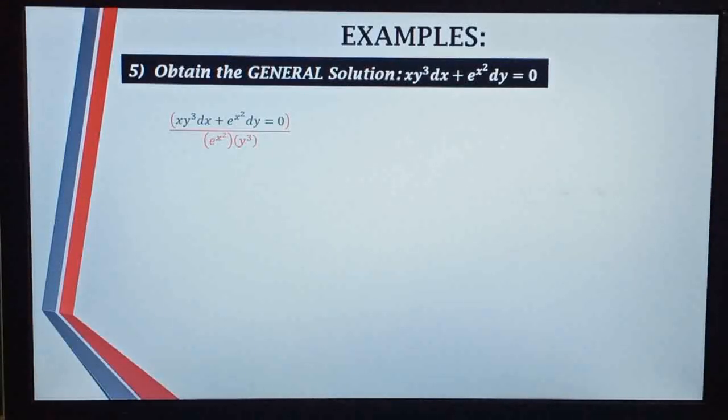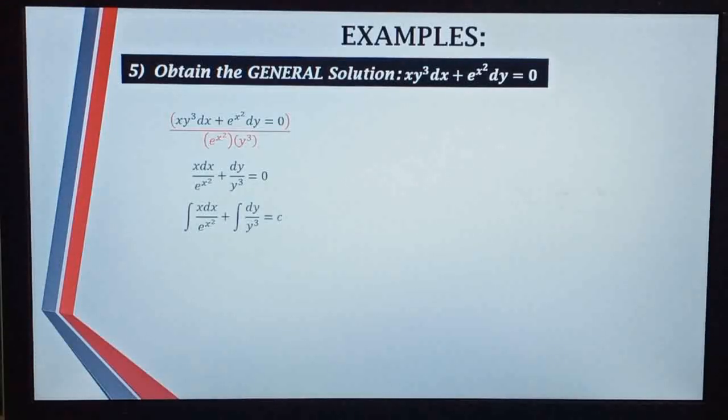Tatanggalin natin si y cube dun sa term na dx, then tatanggalin natin si e raised to x squared dun sa term ni dy. So pag dinivide na natin siya, ang magiging equation na natin ngayon is x dx all over e raised to x squared plus dy over y cube equated to 0.